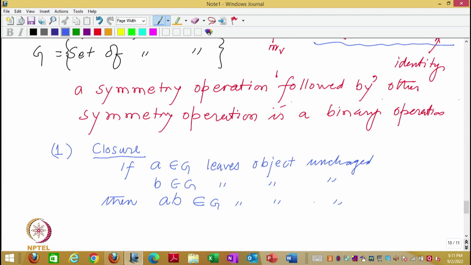So, if A is a symmetry operation, B is a symmetry operation, the combined element AB has to be a symmetry operation, you have no other way out. So, the closure property has to be there.